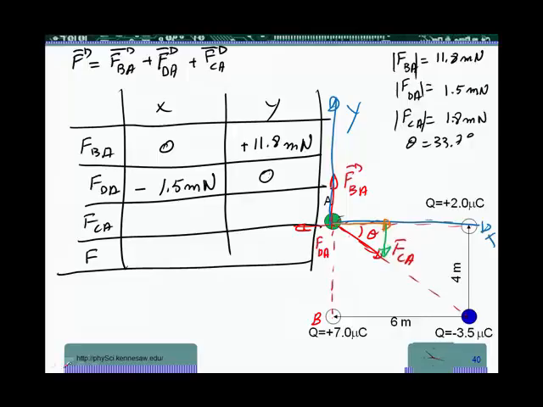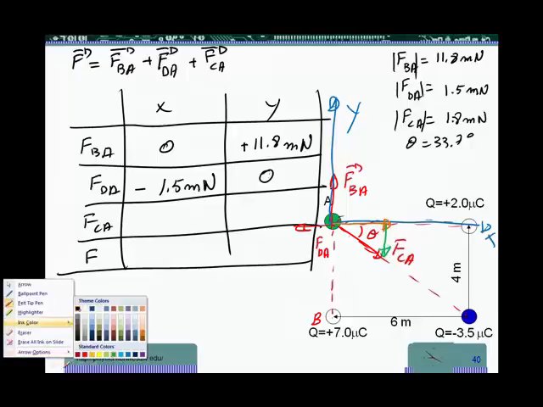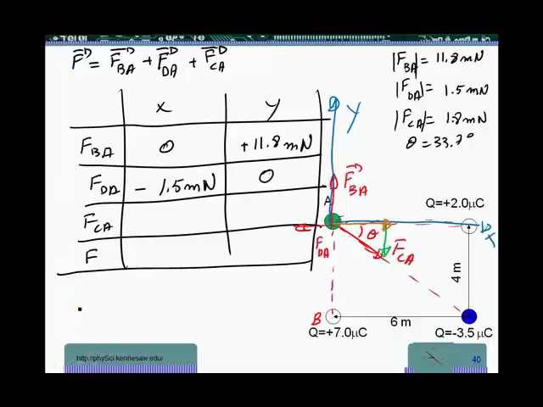Now, FCAX is going to be 1.8 millinewtons times cosine of 33.7, 1.5 millinewtons.